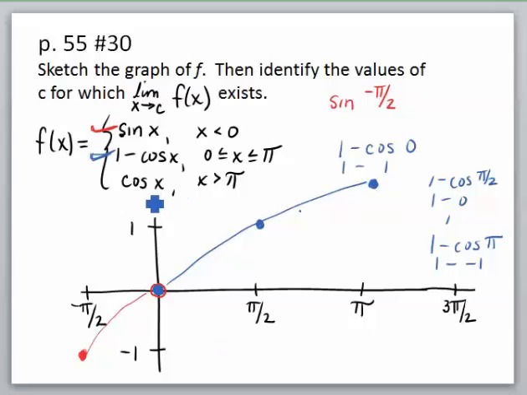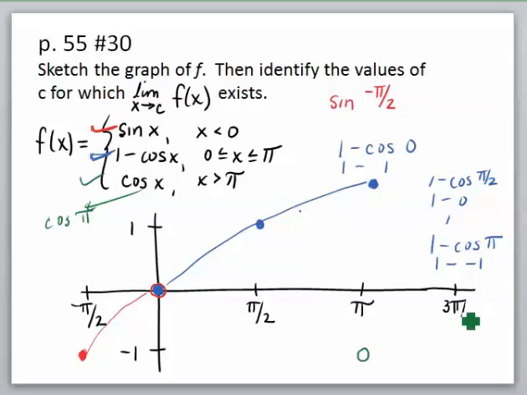The last part then is the cosine of x. Well, the cosine, I'd be plugging in pi. The cosine of pi is negative 1, so that's coming way down here. And I'm using an open dot on it because it's not greater than or equal to, it's just greater than.